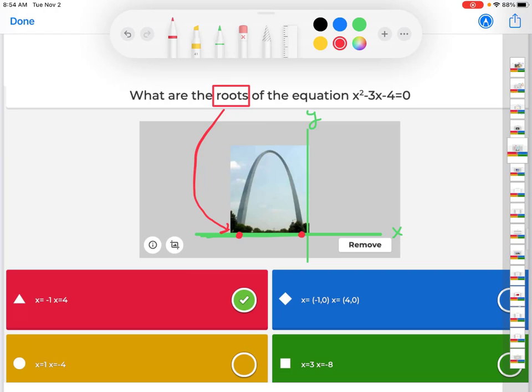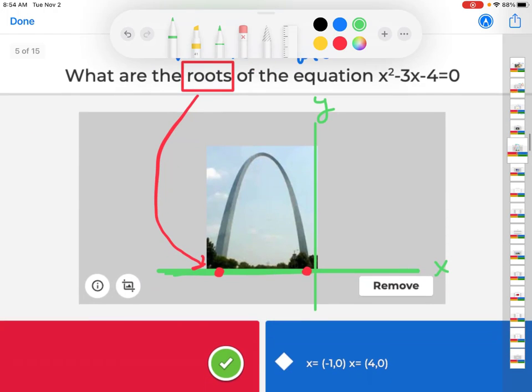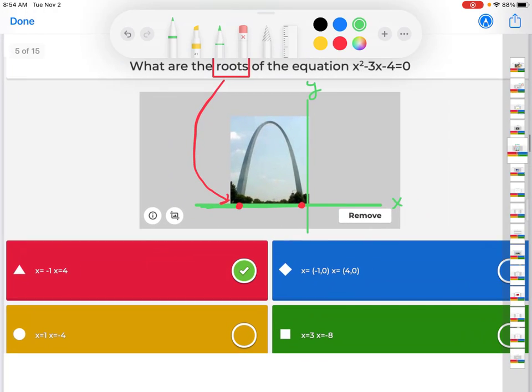Another name for roots is x-intercepts. Those red dots are also called solutions. They'll say what are the solutions to the quadratic equation. X-intercepts, solutions, roots. That's all I can think of right now.